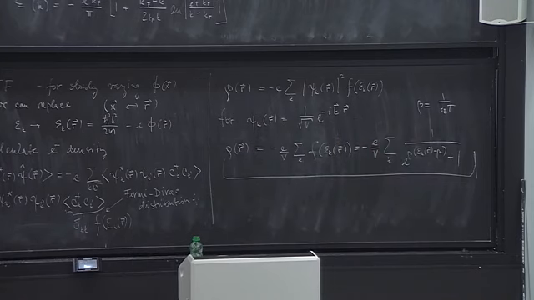So let me move on to this side of the board. Okay, so now I have my full density, but what I really want is the density induced by charge fluctuations.